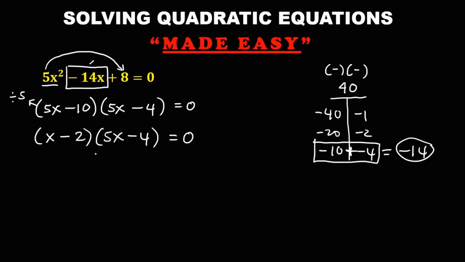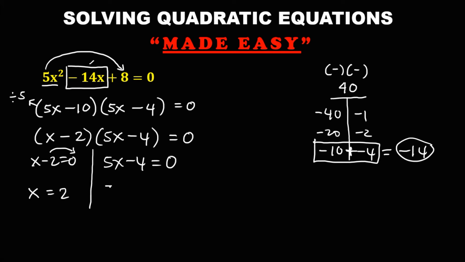Then to solve for x, equate these factors to 0. So we have x minus 2 equals 0, and 5x minus 4 equals 0. To solve for x, transpose this negative 2, that becomes positive 2.